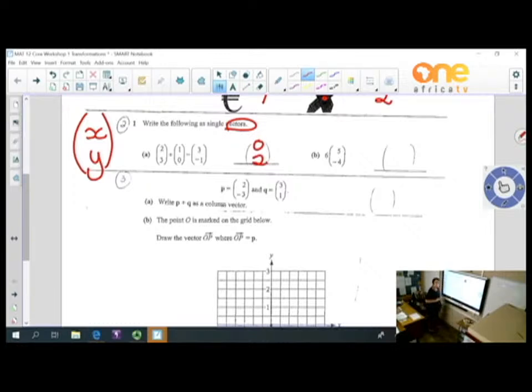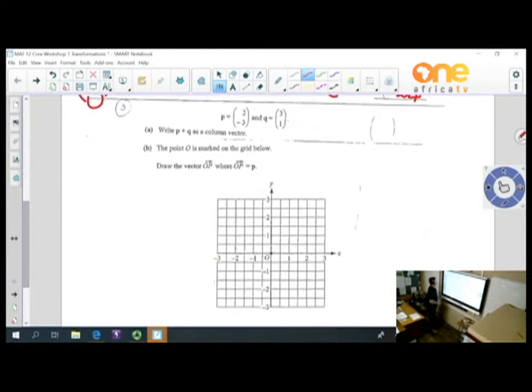That is my column vector. We can also multiply vectors with a scalar outside. It works like brackets almost. So I'm going to multiply the 6 with a 5. And I'm going to multiply the 6 with a negative 4. So that is my column vector.